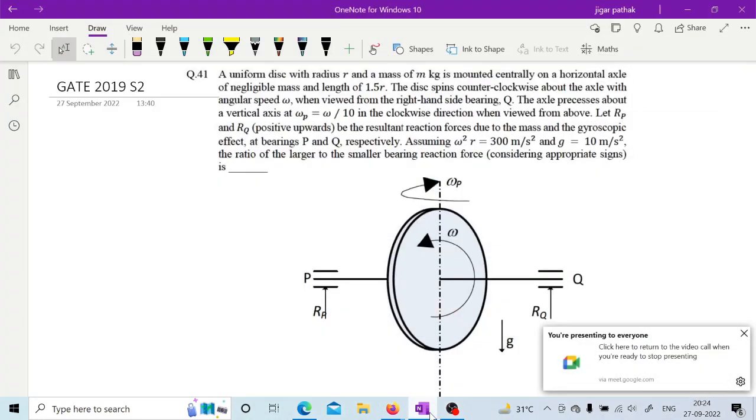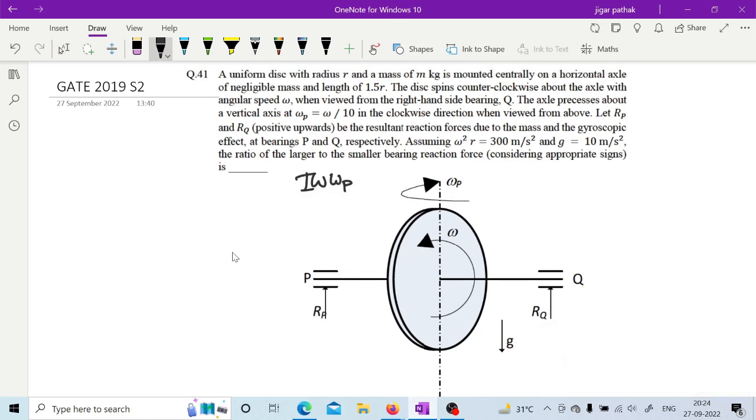So here, as per the given condition, if we see, the active gyroscopic couple will be I omega omega p, right? And as you can see, the axis of rotation is given, right?